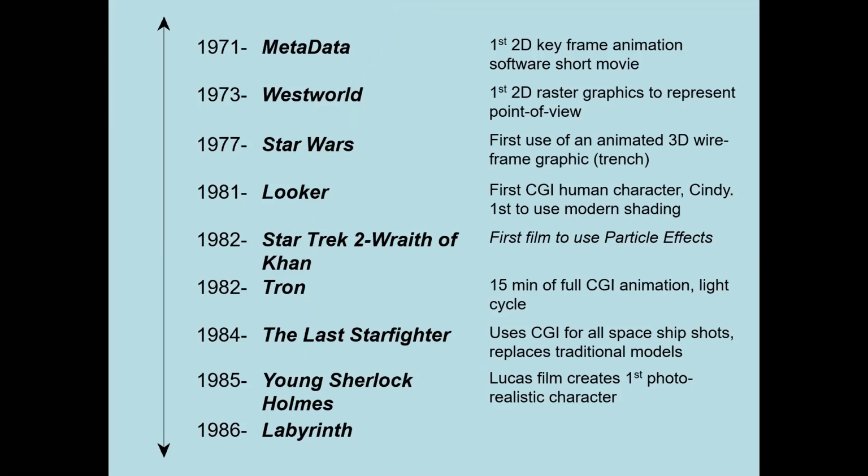In 1982, the Star Trek II, Wrath of Khan. First film to use particle effects. And in 1982, Tron, the 15 minutes of full CGI animation or the light cycle. 1984, The Last Starfighter, they used CGI for all spaceship shots. And in 1985, Young Sherlock Holmes. 1986, Labyrinth.